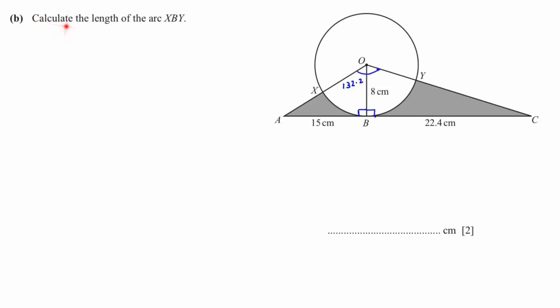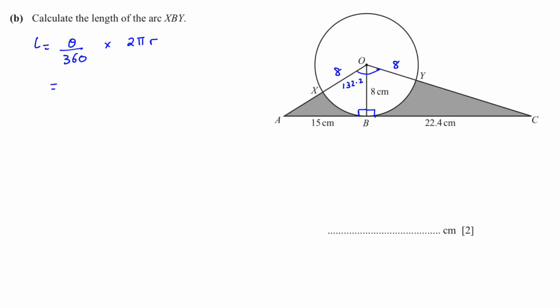Part B, calculate the length of the arc XBY. So this is the length we have to find. We already know that the radius is 8. To find the length of the arc, we use the formula length is equal to theta, which is the angle, over 360 multiplied by 2 pi r.